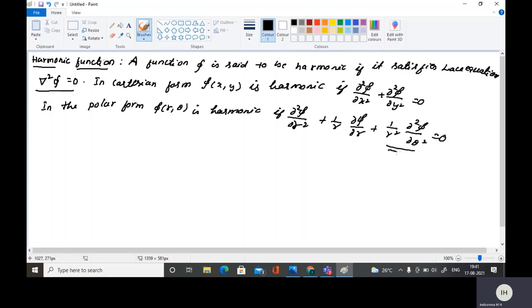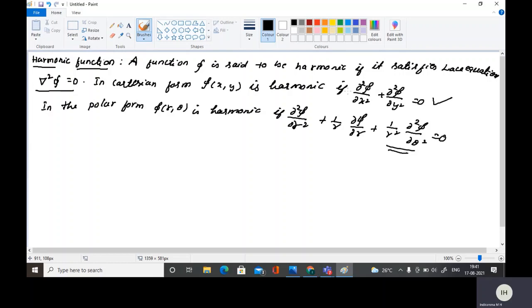This is the Laplace equation in polar form. This is the Laplace equation in Cartesian form. If phi satisfies the Laplace equation either in the Cartesian, depending on the function, or in the polar form, then it is said to be a harmonic function.